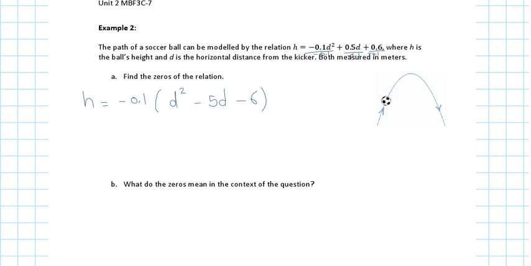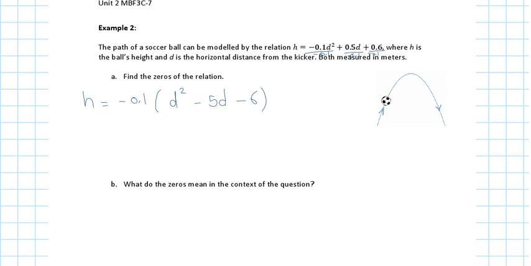If I divide 0.5 by negative 0.1, you will get negative 5, and if you divide 0.6 by negative 0.1, you're going to get negative 6.